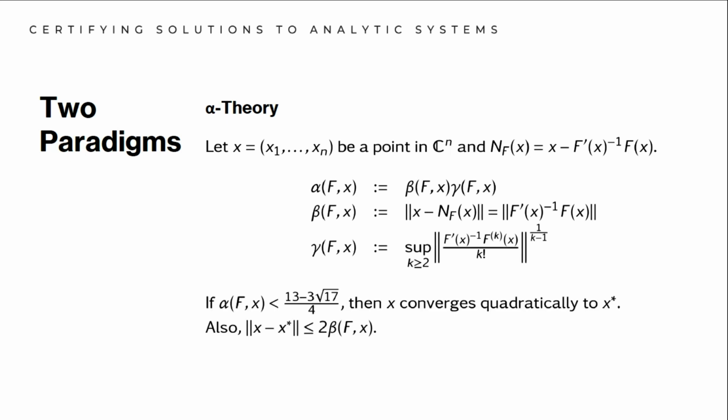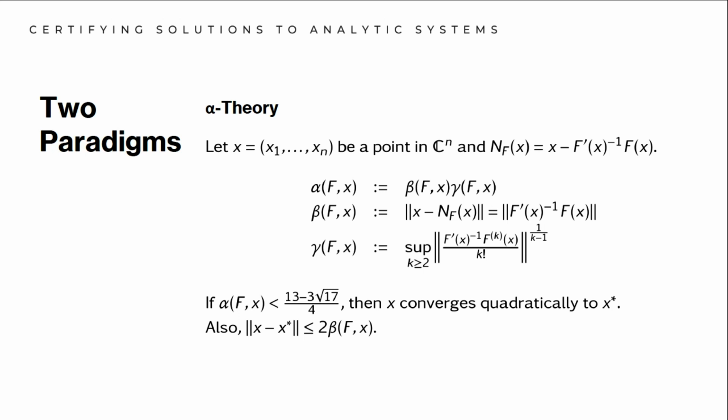But anyway, alpha theory says that when the value of alpha is less than this number, then x converges to x star quadratically. And also we have a region which contains x star. The distance between x and x star is less than or equal to 2 times beta, which means that we have some concrete region which contains x star uniquely.